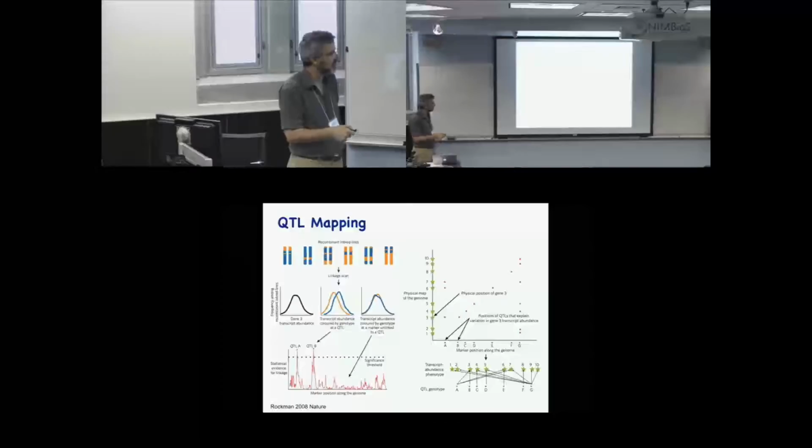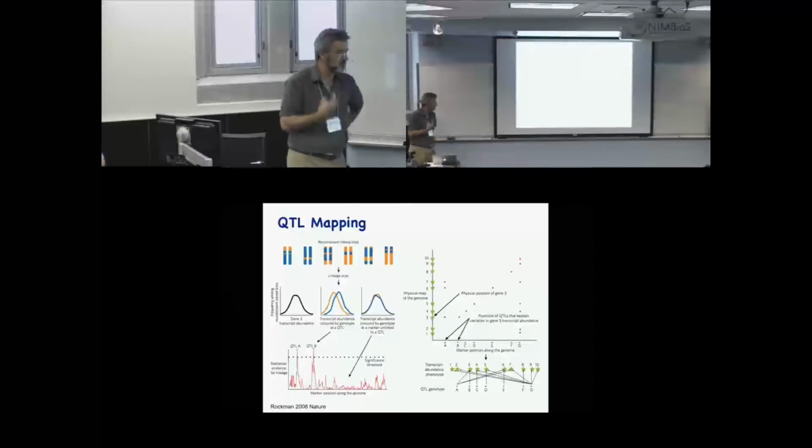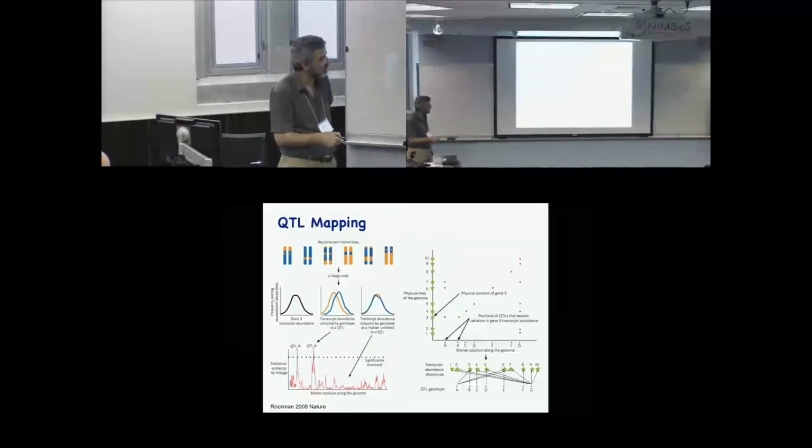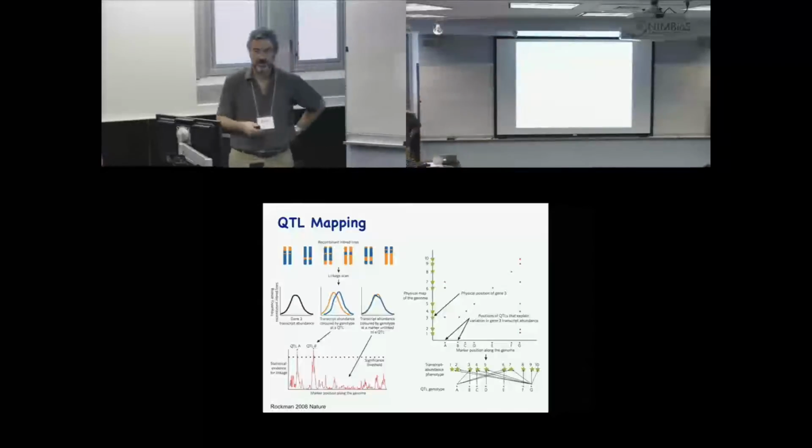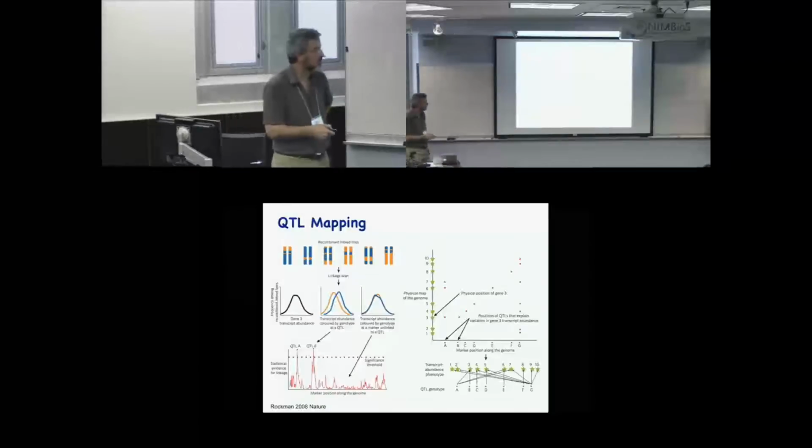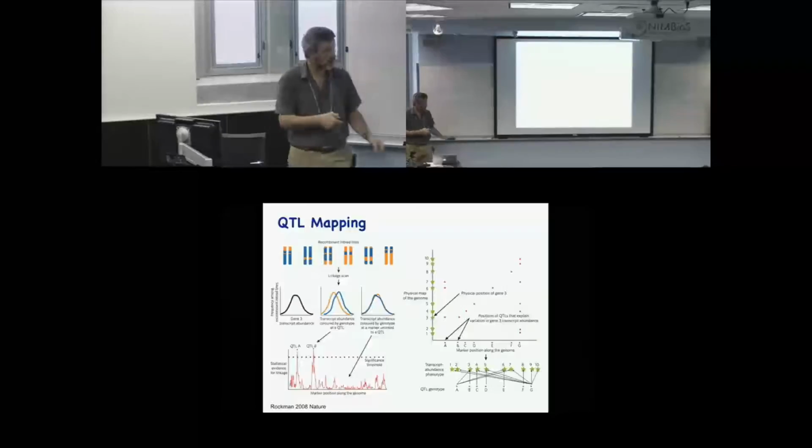And this is essentially a pleiotropic map of gene transcription, okay? So what this means is that all these different transcripts are influenced by allelic variation at the G locus, okay? So there's a pleiotropic effect. This, for instance, might be a transcription factor that is having an influence on many different genes. So this is one way of thinking about pleiotropy in this QTL context: how many traits map to the same location in the genome.